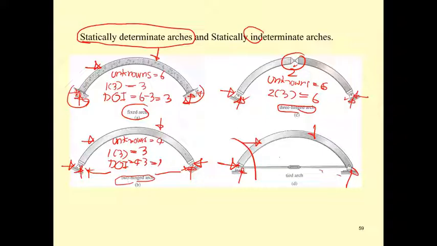You can only determine the reactions of the Tie arch, and the degree of indeterminacy of this is going to be 1. Okay, and in conclusion, we can only solve for the 3 hinge arch, following the arch shown in this one.